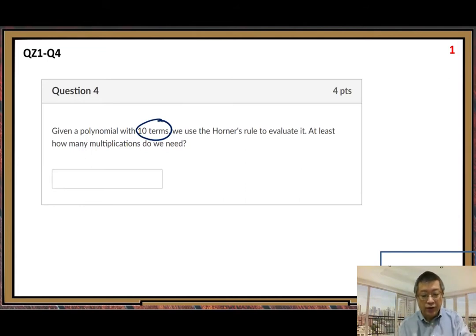We use Horner's rule to evaluate it. At least how many multiplications do we need? Here the current situation is that we need to use Horner's rule, not other ways, because we know there are other ways that can evaluate some special cases.